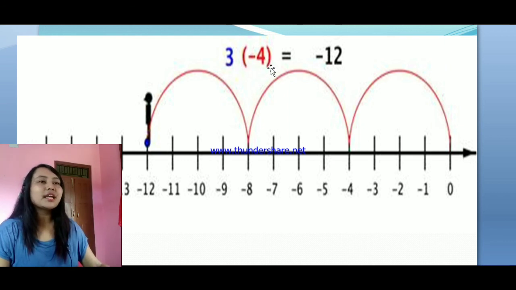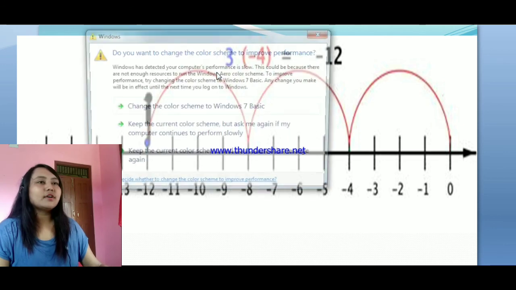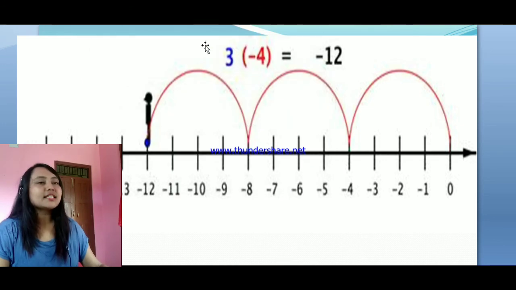Now what will we be doing? 3 into -4 means we know that plus into minus becomes minus, so I have written minus here, and 3 into 4 means 12. And here the first digit is 3, so 3 times -4. So we have to jump 3 times, and in each step we have to go forward -4.